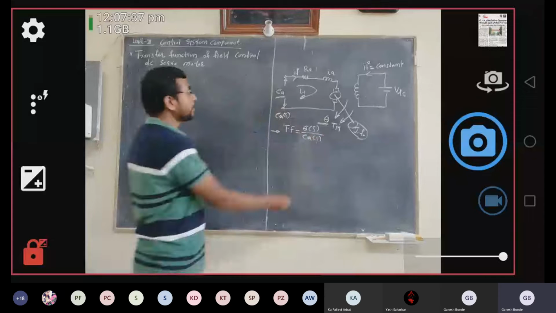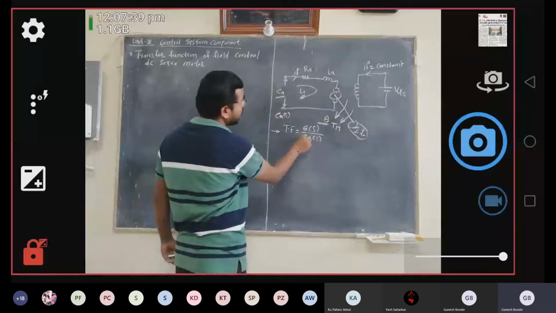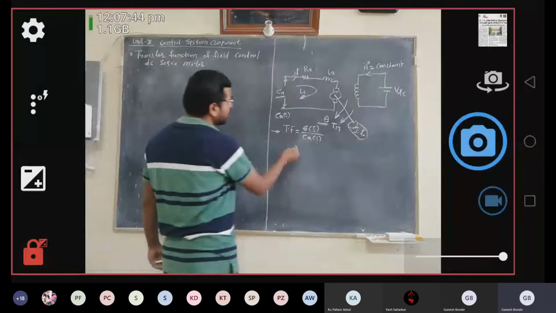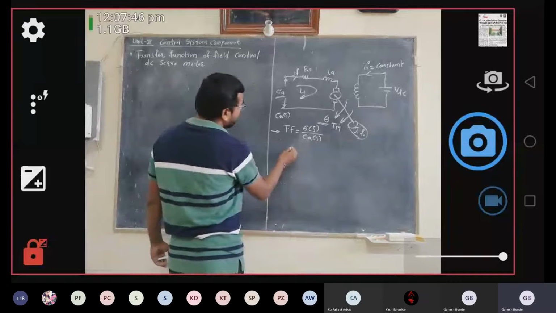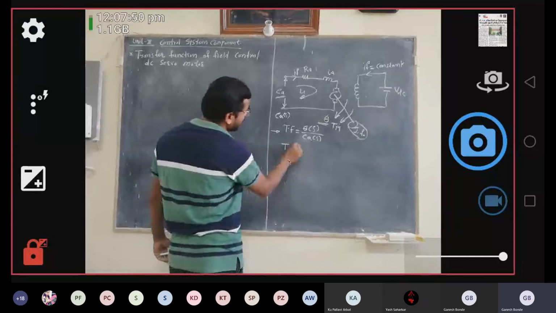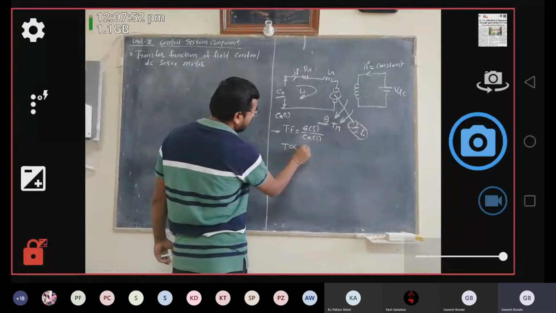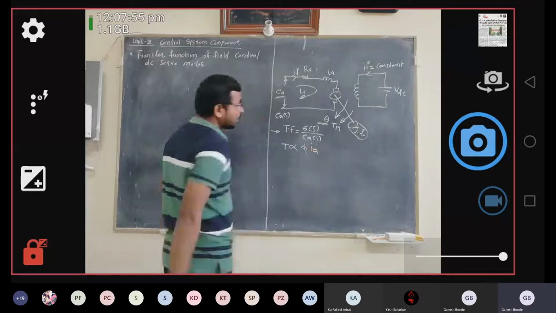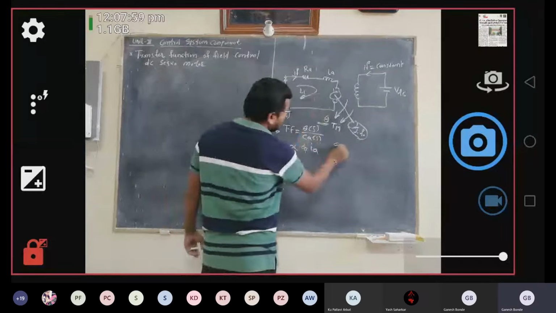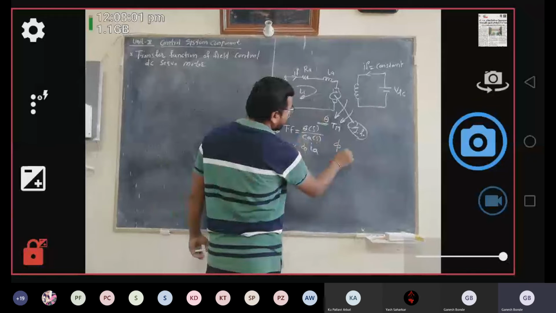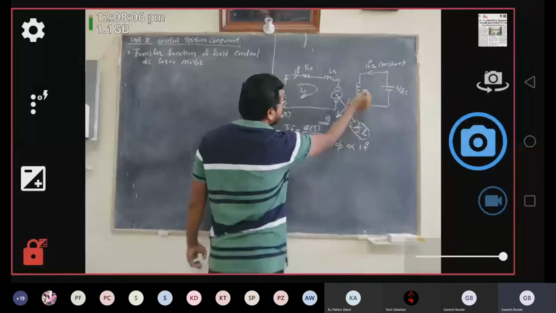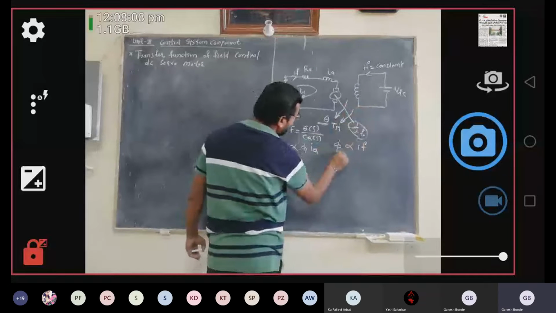Okay, so now in order to derive the relation between theta and EA of S, we may use our simple fundamental rules. Okay, so first we start with the concept of torque equation. Okay, so we know that torque in case of DC motor is directly proportional to flux into IA. Where in case of armature control motor, the total field flux developed by the motor is directly proportional to field current IF. And as field current IF is constant, flux developed by the motor is also constant.